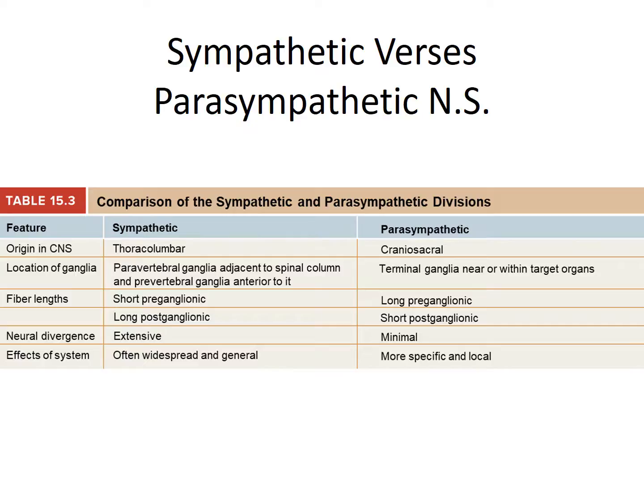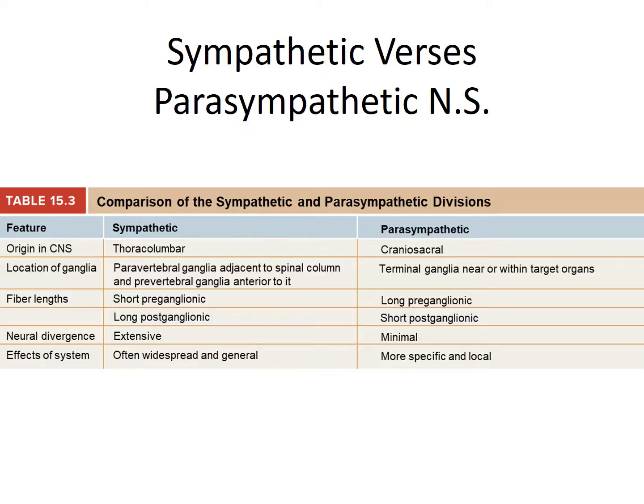Relative fiber lengths: for the sympathetic nervous system, the preganglionic fibers are short and the postganglionic fibers are long. In the parasympathetic nervous system, the preganglionic fibers are long and the postganglionic fibers are short. In the sympathetic nervous system, the neural divergence is extensive.